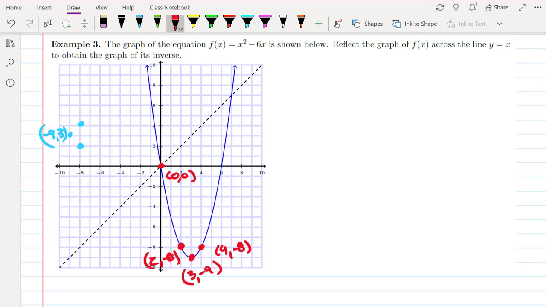And if I interchange 0 and 0, I end up with exactly the same point. So I also get (0, 0). And if I grab this point right here, I am at (6, 0). So that's going to get paired with (0, 6).